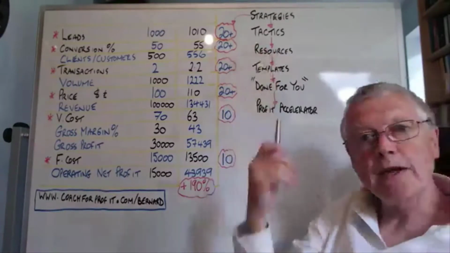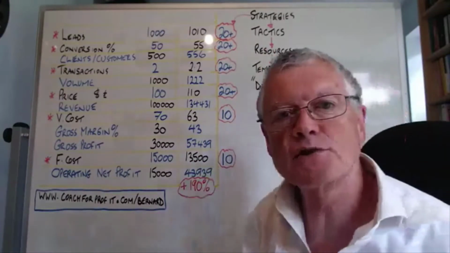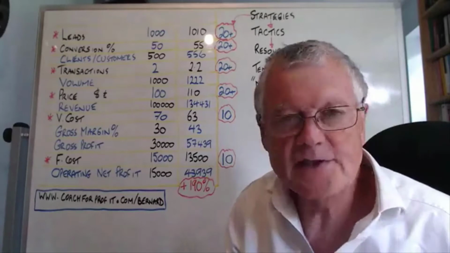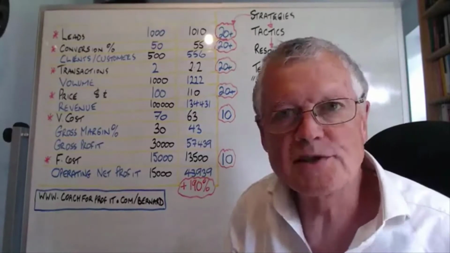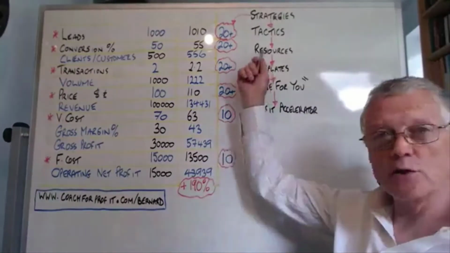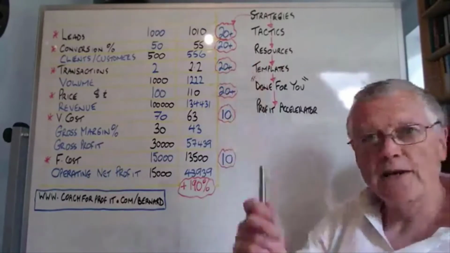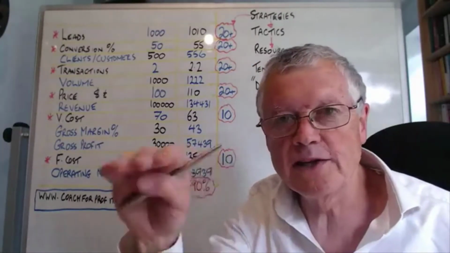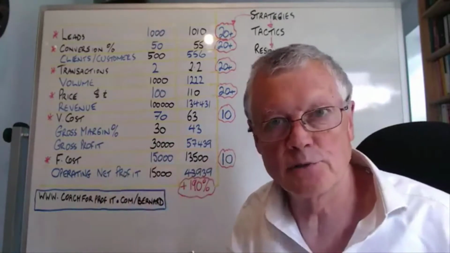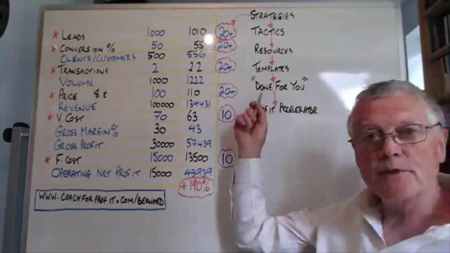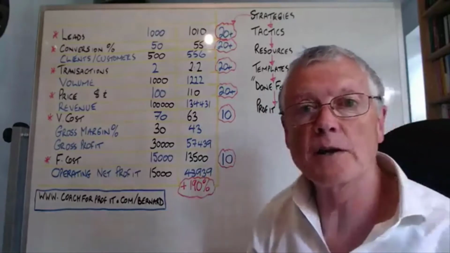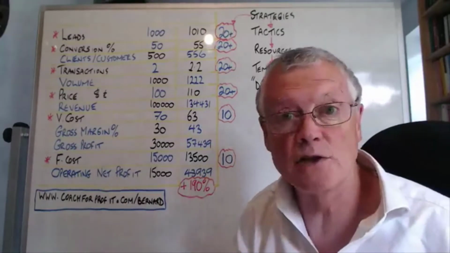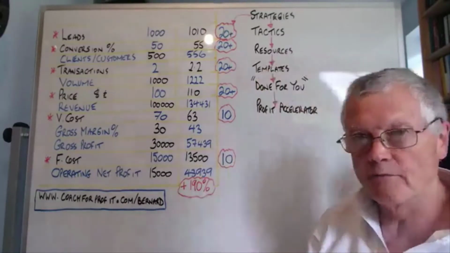But in order to implement the tactics, you need to have resources. You need an example of exactly how to do it, or a piece of material you can use, which is a resource. That resource could be a template, where if you just fill in this and this, you've got the perfect resource. It could be something that's already done for you, like an advert library with hundreds, thousands of adverts already done, in full colour, fully ready.